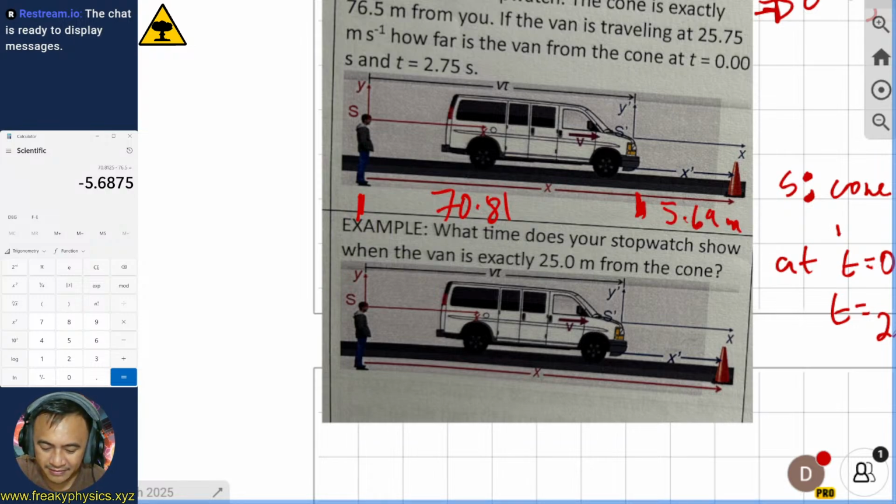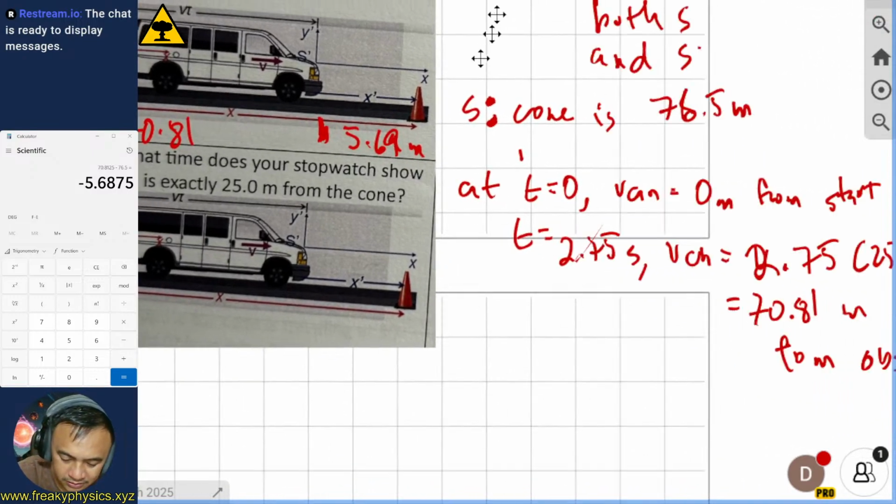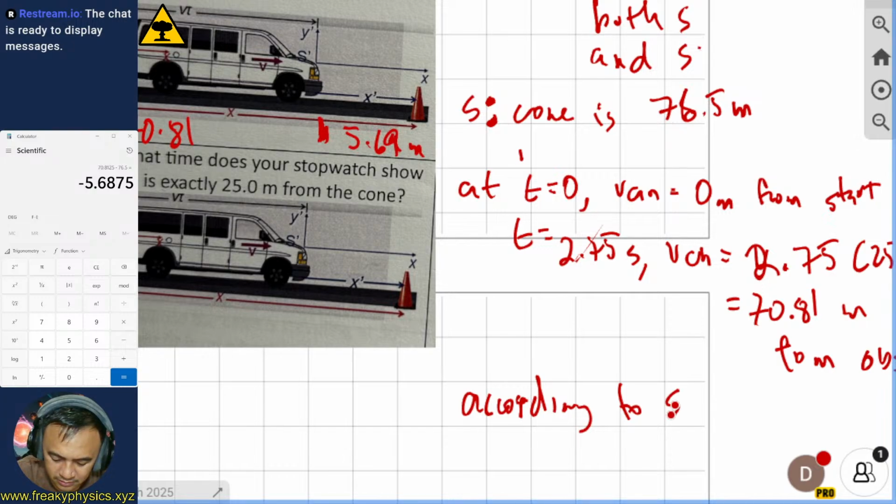That's the x prime. So according to S, x prime is equal to 5.69 meters.